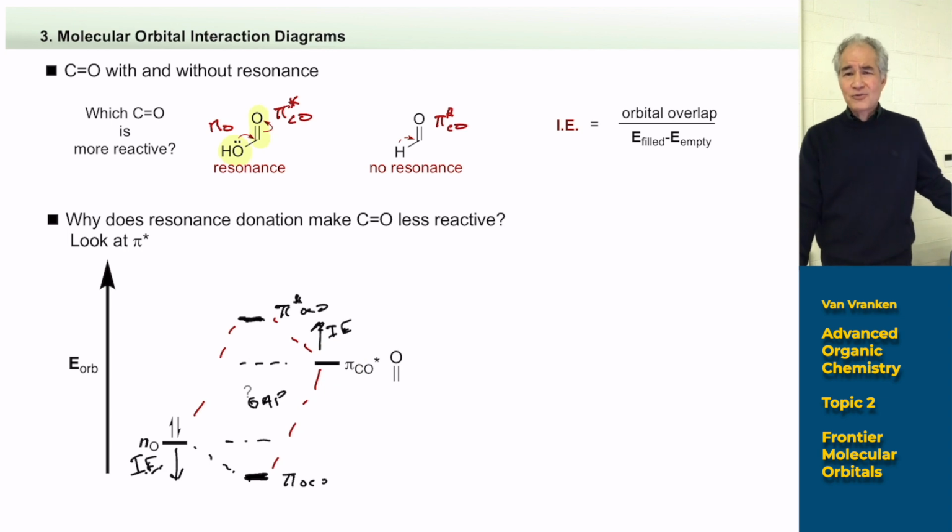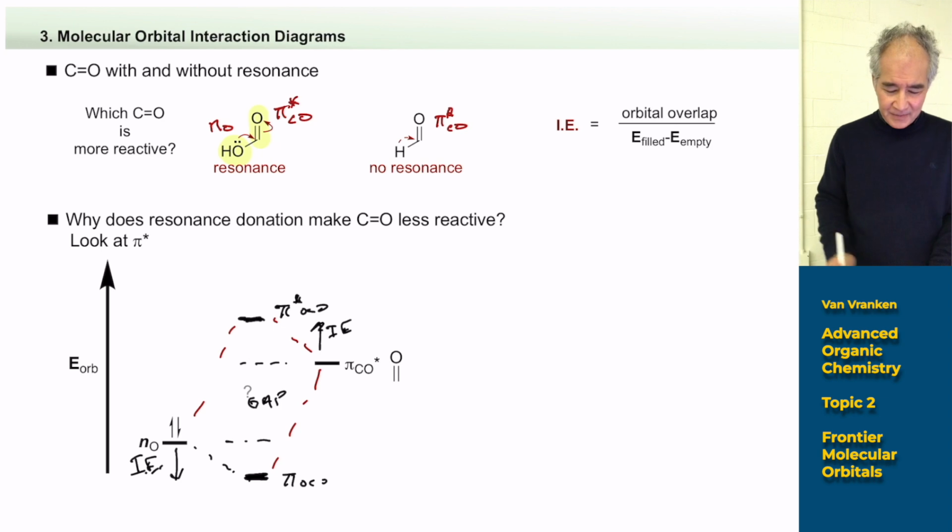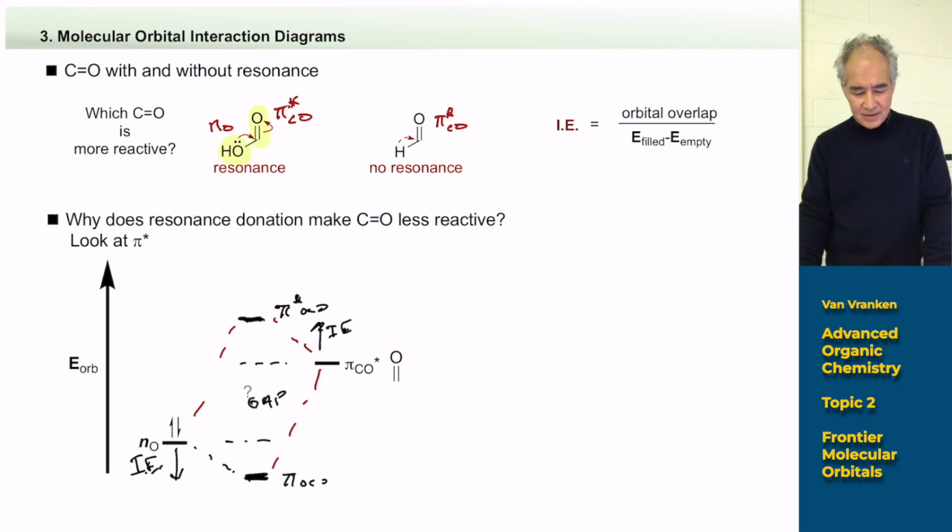And H has no extra orbitals that can donate into that C=O bond. So that's pretty easy. I can see that the C=O that has no resonance is lower in energy than the pi star that has resonance. So because this orbital is lower in energy than when I have resonance, it's easier to add to carbonyls that don't have resonance.